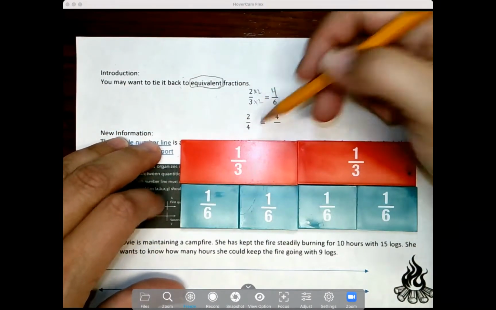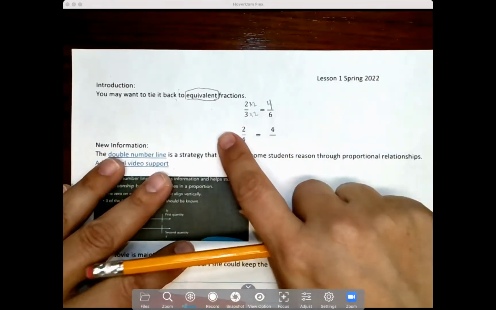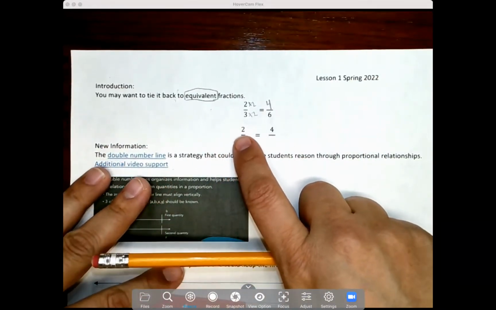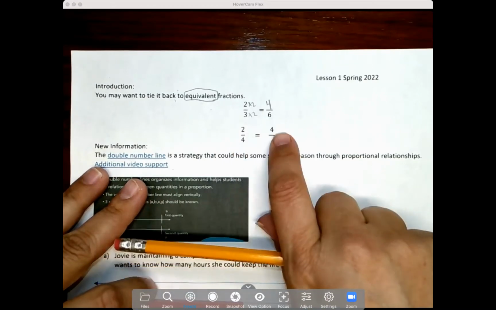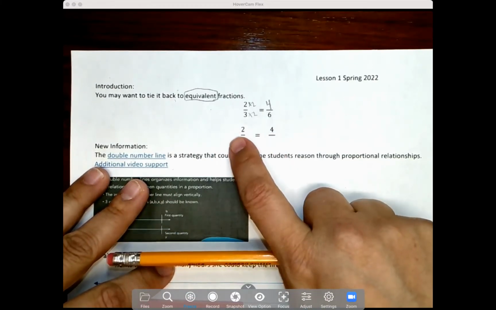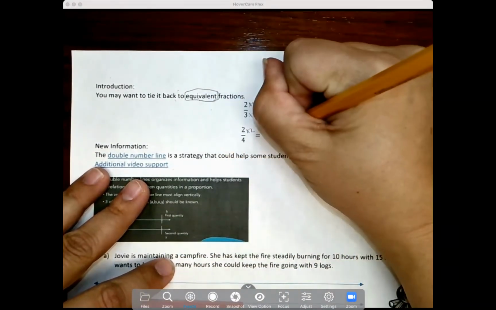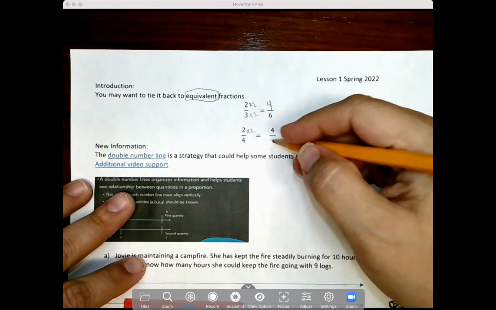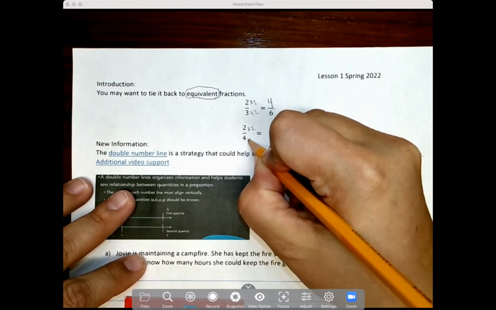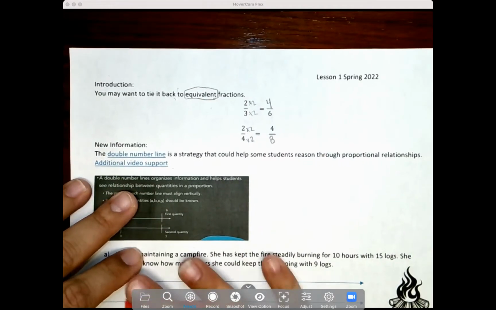Then on the next one, either you can model it with the tiles again, or you can say through multiplication or division, what would I do to a 2 to become a 4? Well, I could do 2 times 2, and that would give me 4. So to create an equivalent fraction, I would have to say 4 times 2 and get an 8.